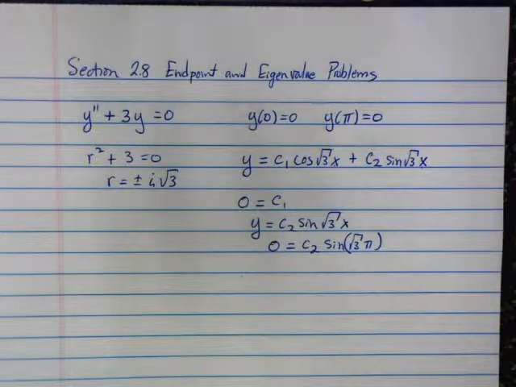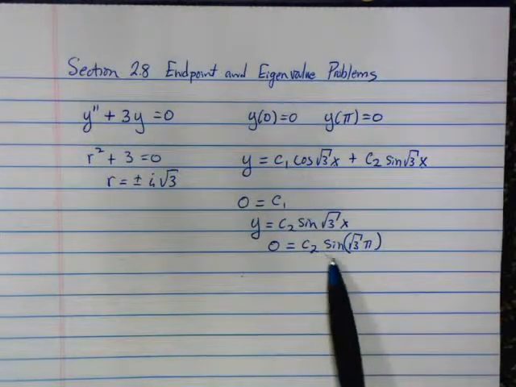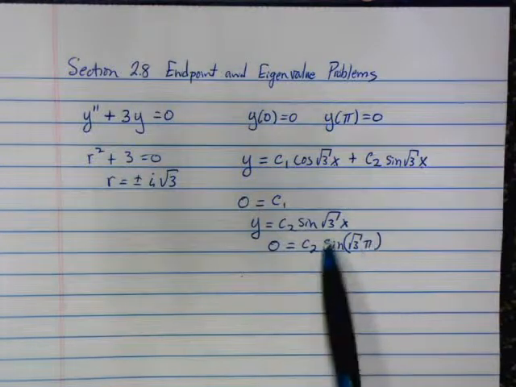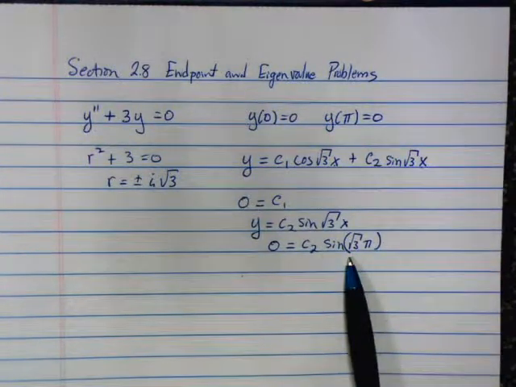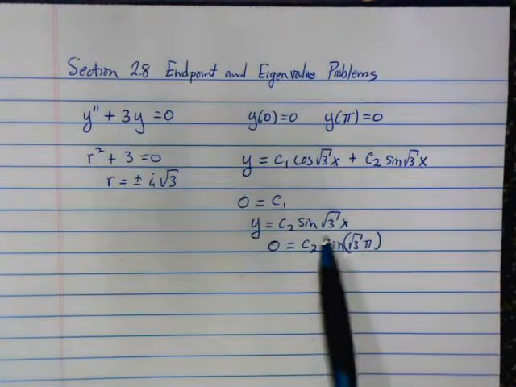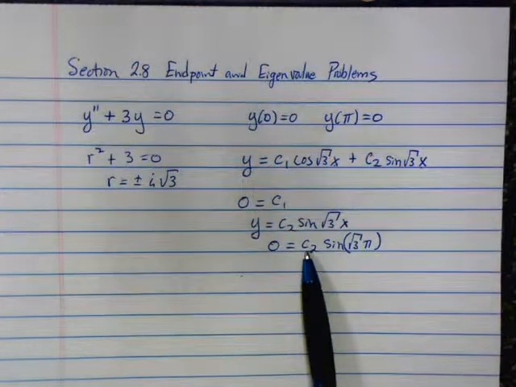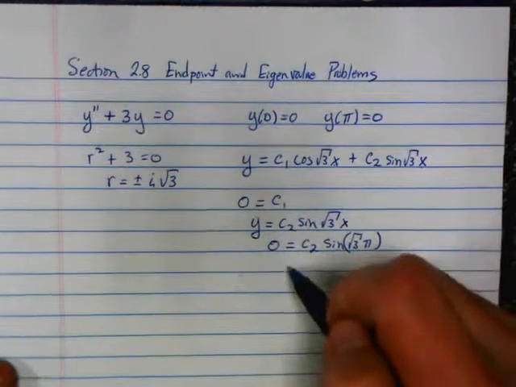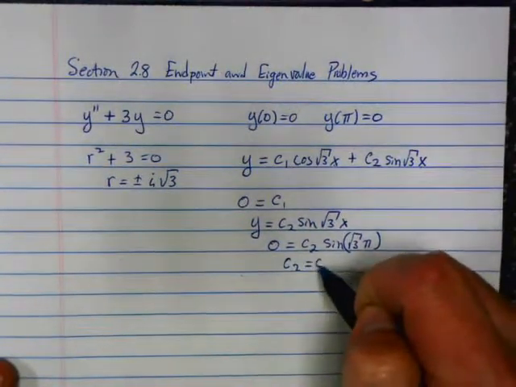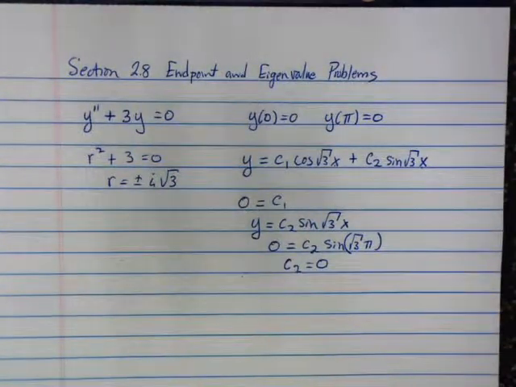But what I do know for sure is that this is not the number 0. So if this is not the number 0, what's the number C2? 0. So C2 is also the number 0. It was a trick question.